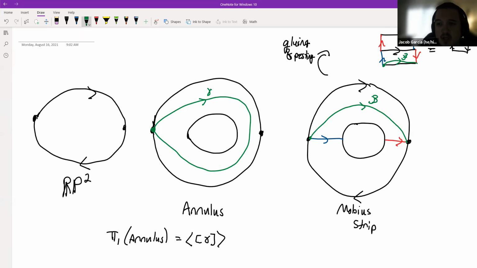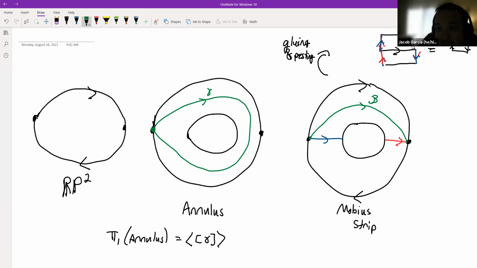No, those two corners don't get identified. Those two antipodal points do get identified. Oh, that's because I marked the arrows here incorrectly. So I need to switch the colors on my arrows here. This is supposed to be the blue one. This is supposed to be the blue one. This is supposed to be the red one. This is supposed to be the red one. Okay.